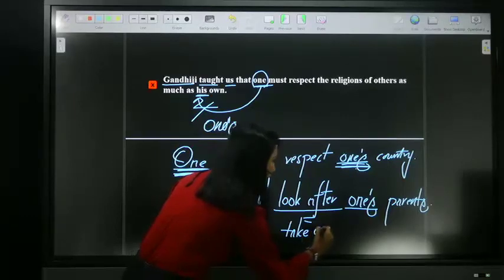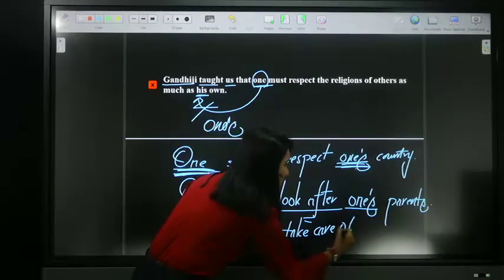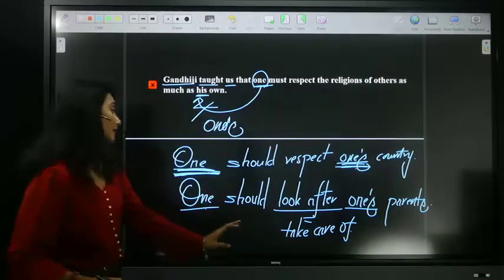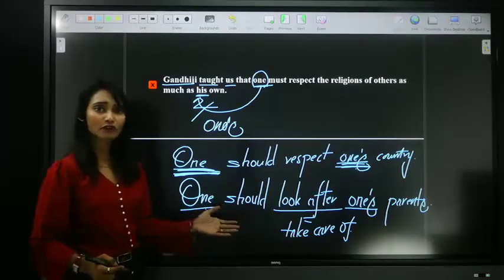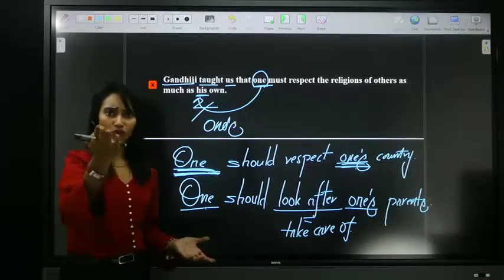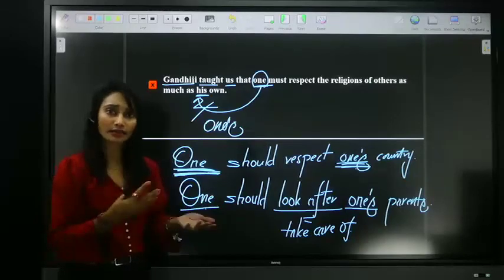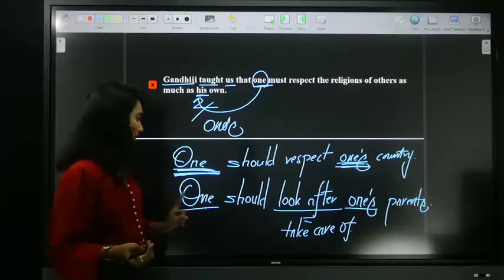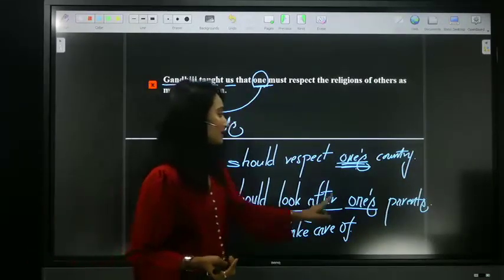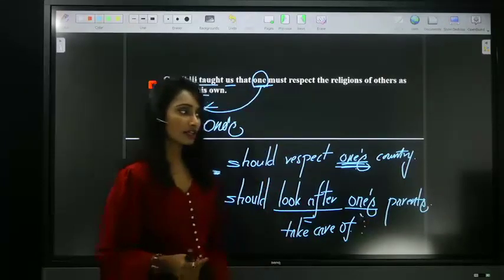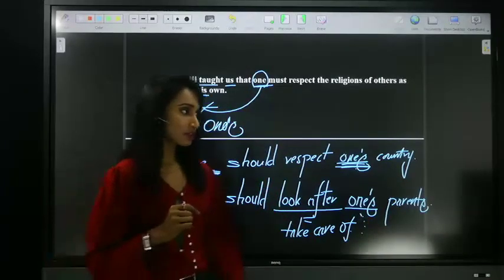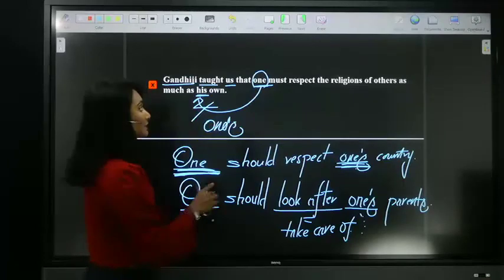Take care of. Look after means take care of. So one should look after one's parents. Who is that one? You or he or she or I. It can be anyone, right? So when one is there in subjective case, same one should be there in objective case. So that is the rule. So I hope you got this. Let's move on to the next.